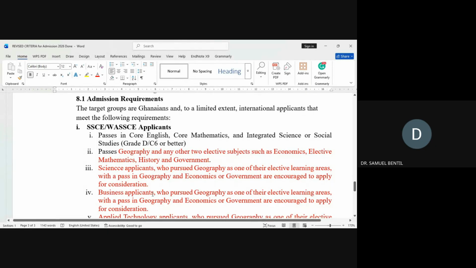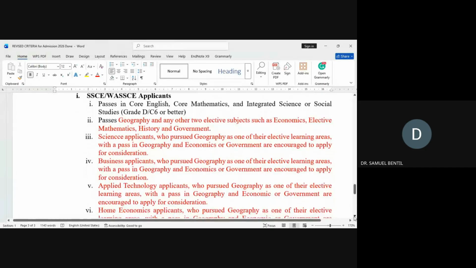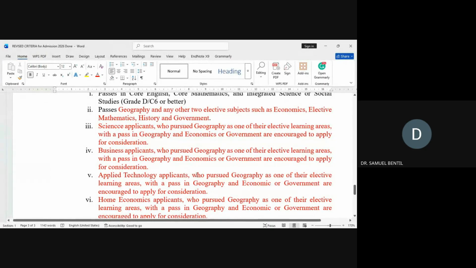Business applicants, that's business students who pursue geography as one of their elective learning areas with a pass in geography and economics or government are encouraged to apply and they will be considered. Applied technology applicants who pursue geography as one of their elective learning areas with geography and government with a pass in geography and economics or government are encouraged to apply for consideration.